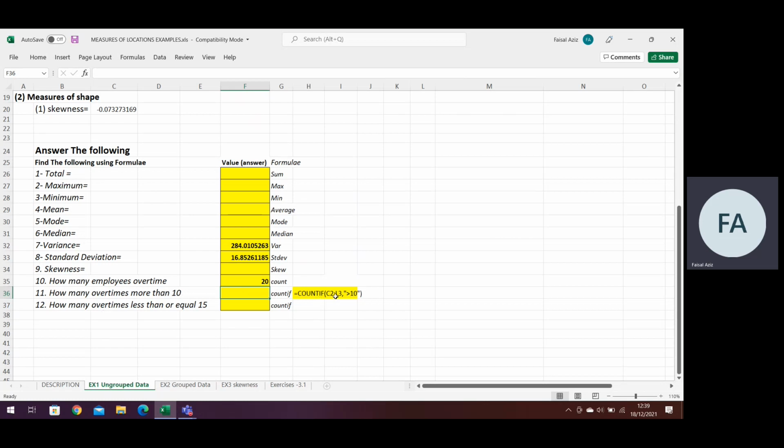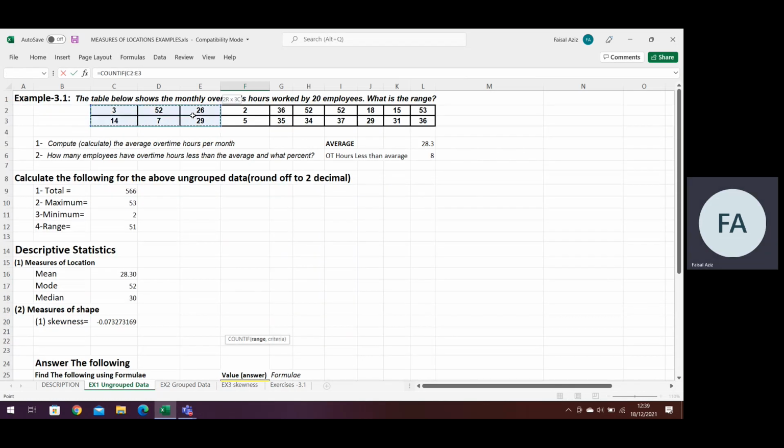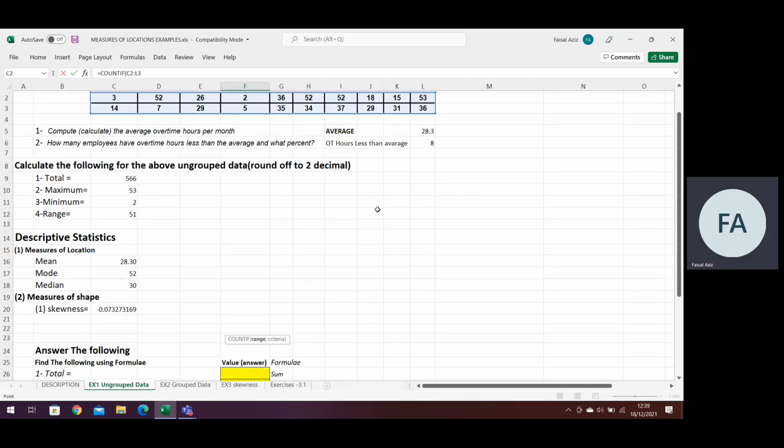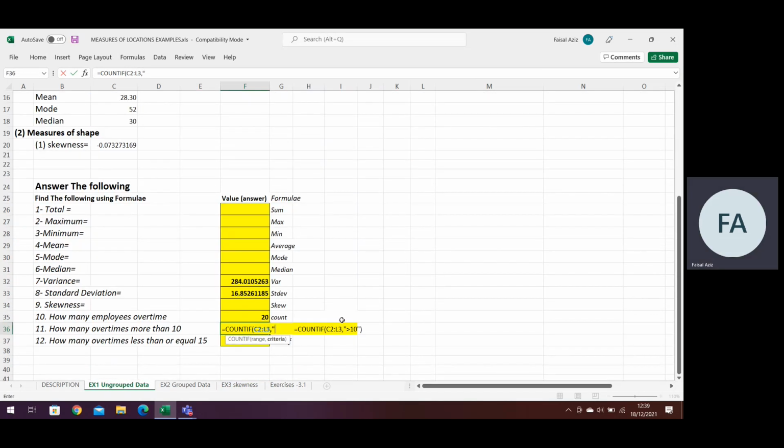So we can use countif function. So here press equal sign, write countif function, double click, select this observation data set, comma, within inverted comma you will have to write your condition which is greater than 10. Click enter. So we have 16 observations which are more than 10.